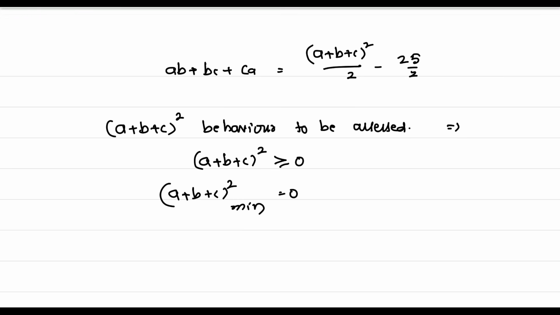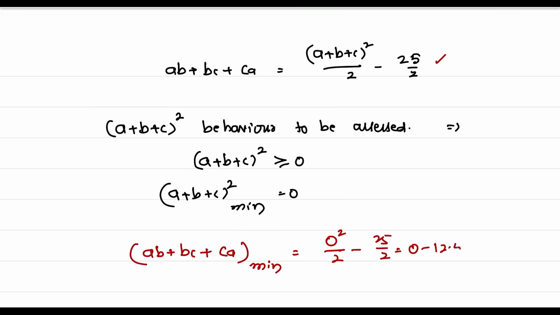When you put this value in this equation, what happens? The minimum value of ab plus bc plus ca should be equal to 0 square by 2 minus 25 by 2, that is 0 minus 12.5.